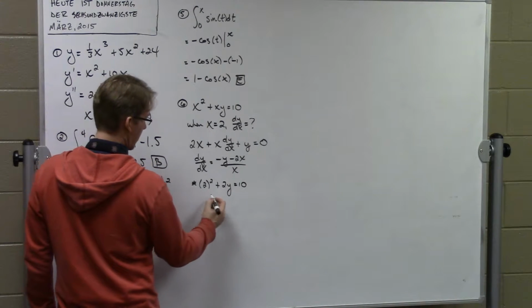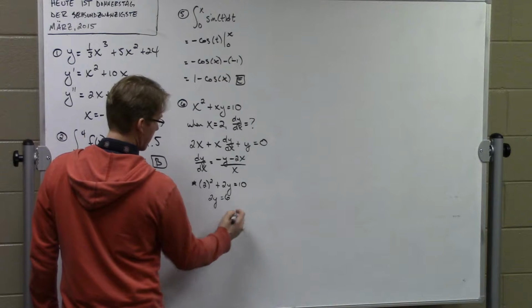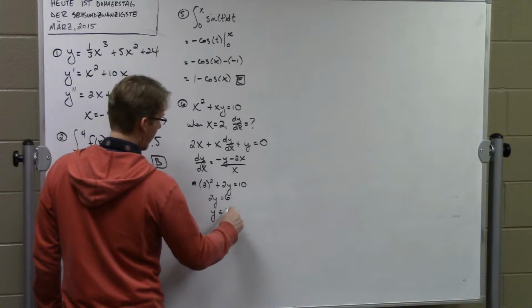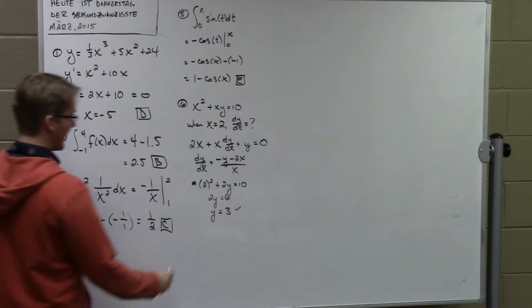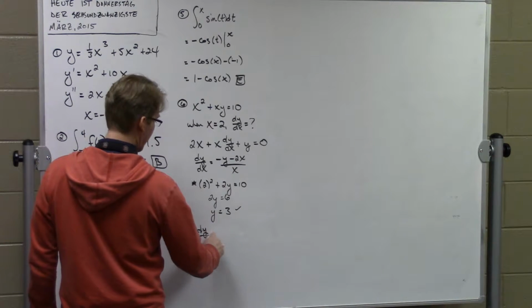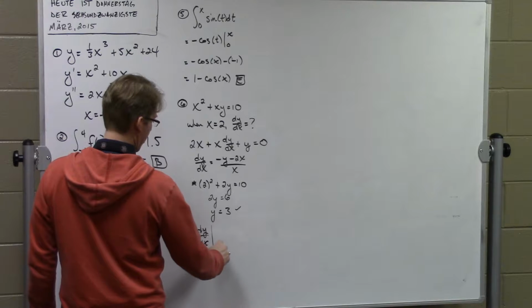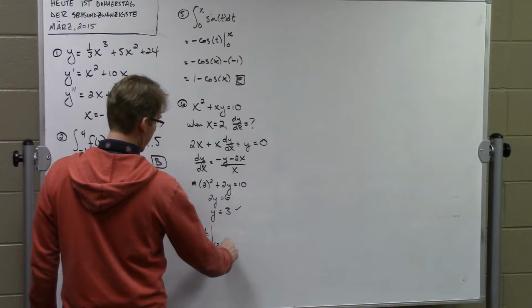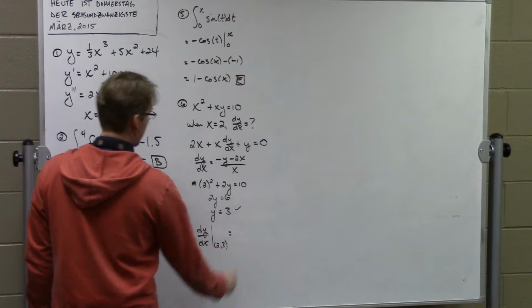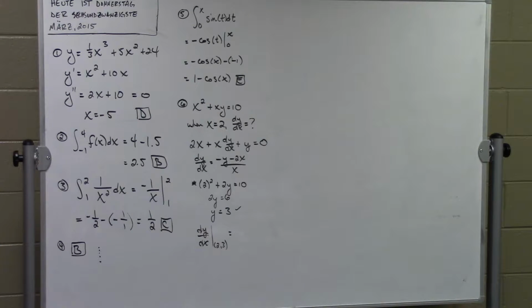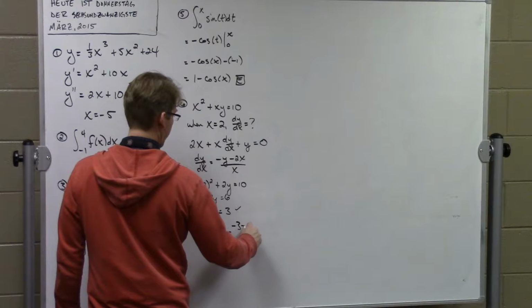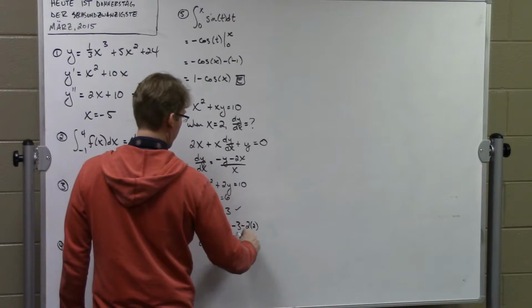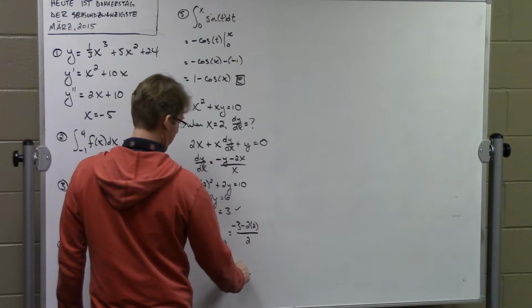Alright, was that 4? So we get 2y equals 6, so y equals 3. Okay. Whew! Crisis averted. We win. So dy/dx at the point (2, 3) is negative 3 minus 2 times 2 over 2, 4.